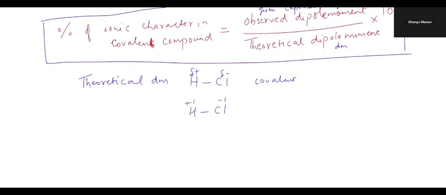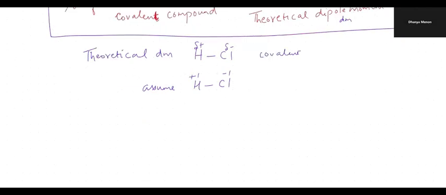Although it is not like that, we are just assuming. Then the theoretical dipole moment is equal to Q times D.